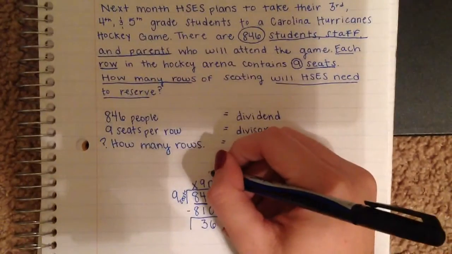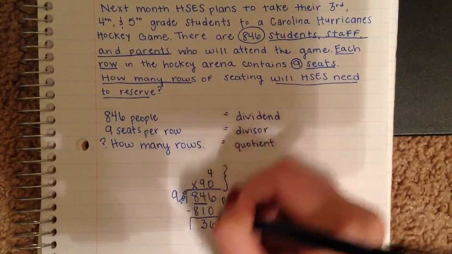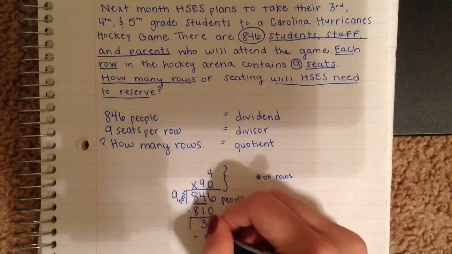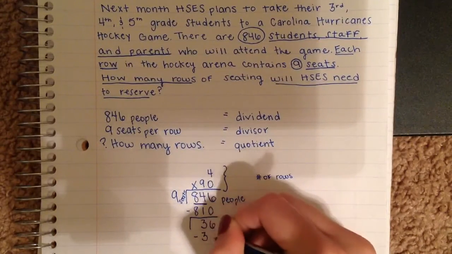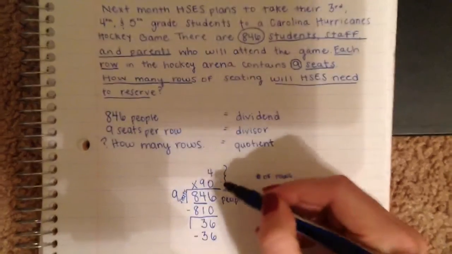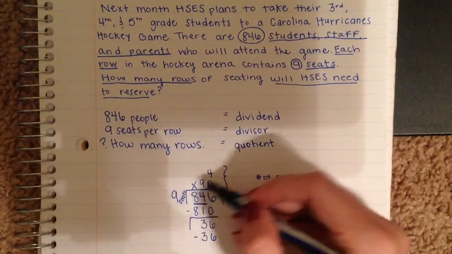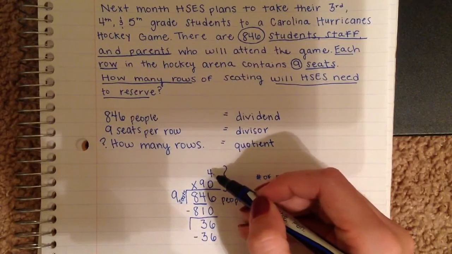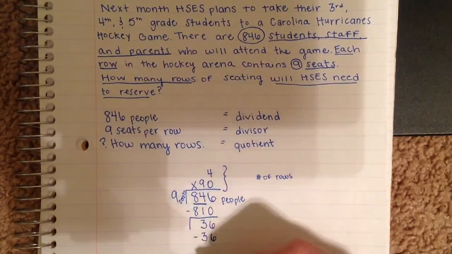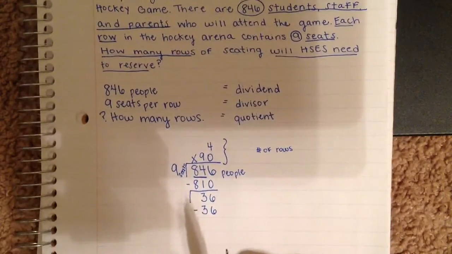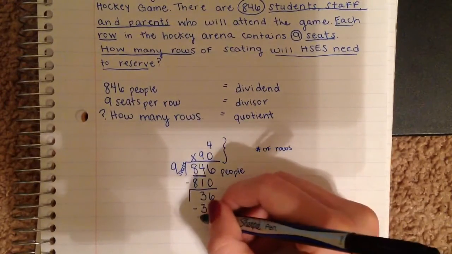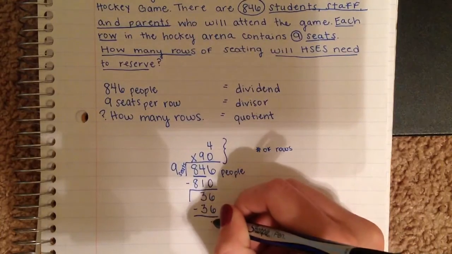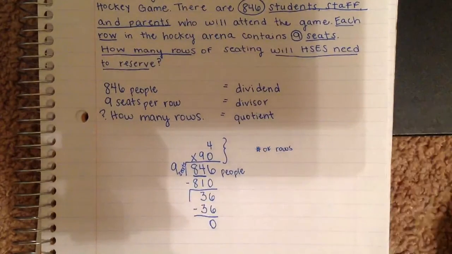That's right. 9 times 4 is 36. That means I'm giving each of my 9 groups 4 more pieces. 9 times 4 is 36. And that lets me distribute the rest of my pieces, leaving me with 0 pieces left to distribute.